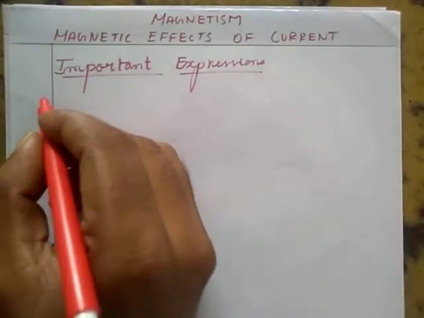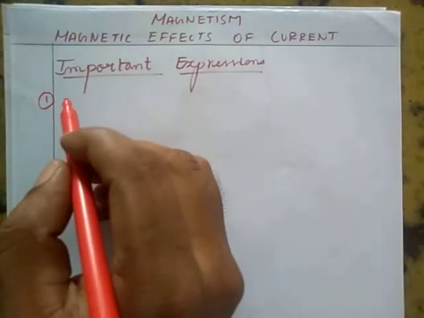Okay, let me see the first expression for the horizontal component of earth's magnetic field.